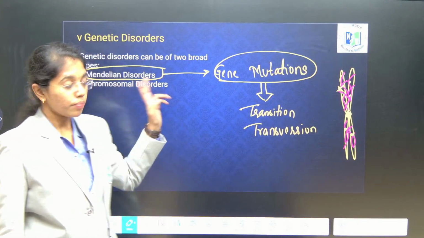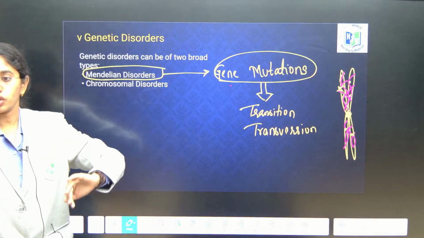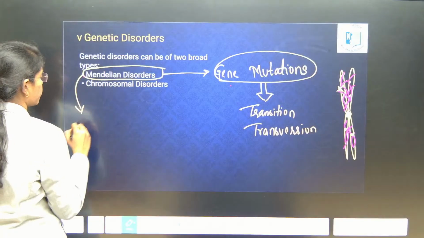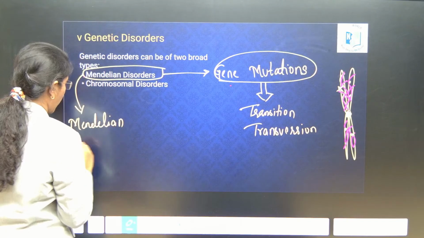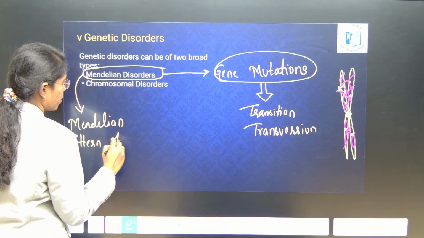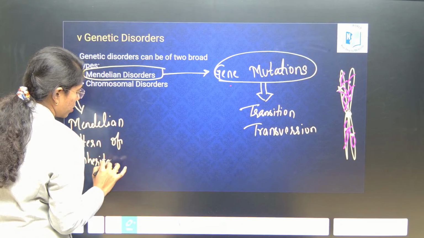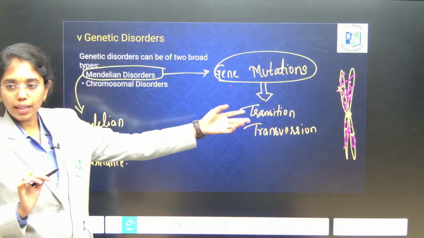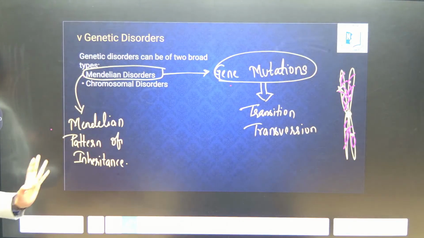Gene mutations. Occurring gene mutations, these are inherited to the next generations following Mendelian pattern of inheritance. Mendelian pattern of inheritance. Clear? Fine, right? Gene mutations occur and they are inherited to the next generations following Mendelian pattern of inheritance.